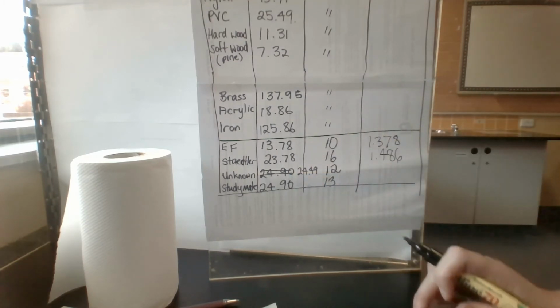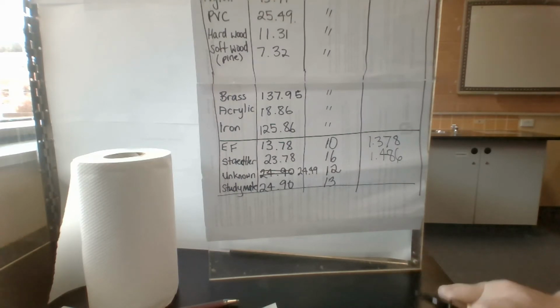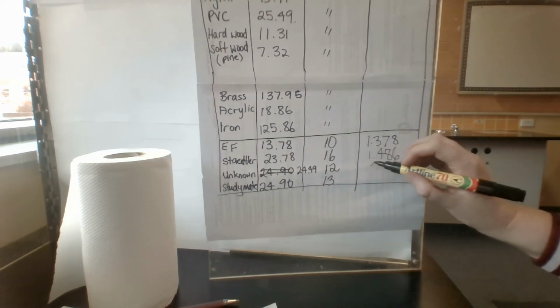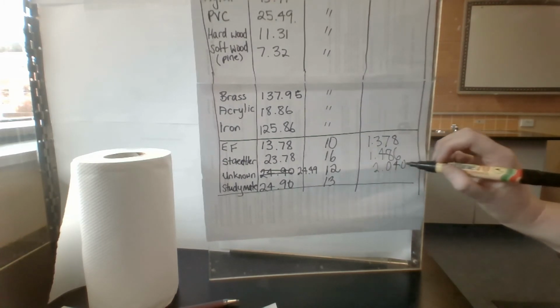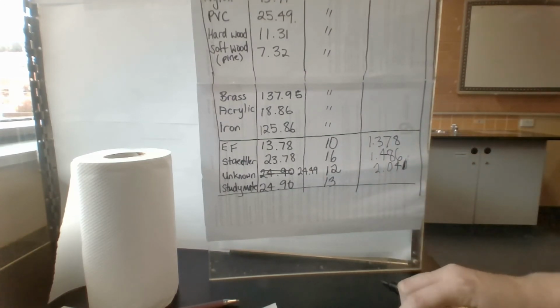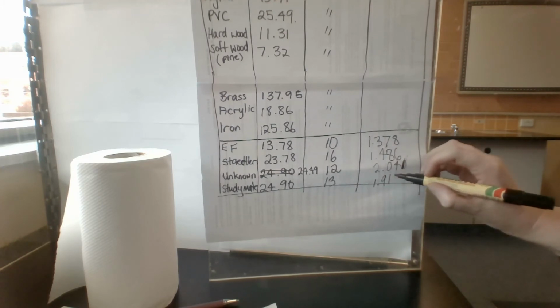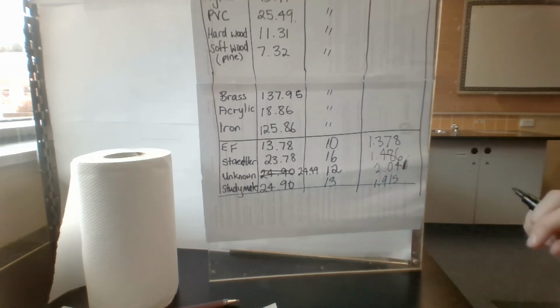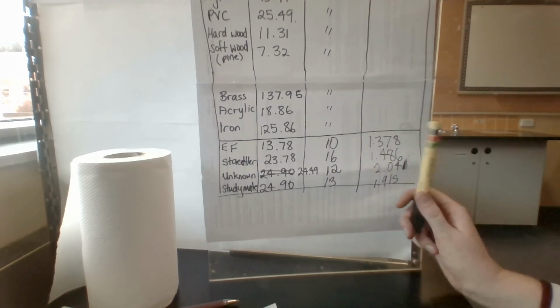I wrote them around the wrong way. 24.49 divided by 12 is 2.041. I've got to round it up. And my Studymate is 24.90 divided by 13 equals 1.915.